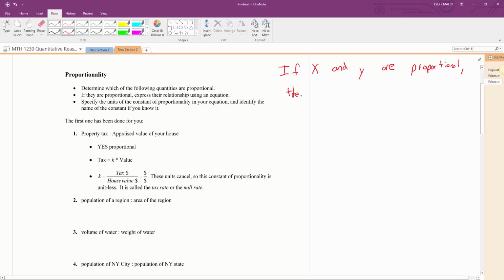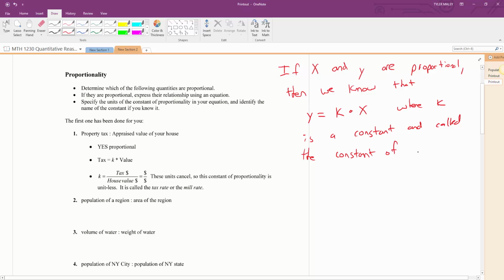Then we know that we must have y equals k times x, where k is a constant called the constant of proportionality.